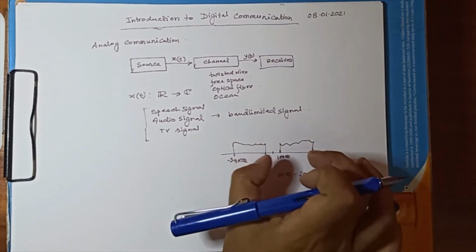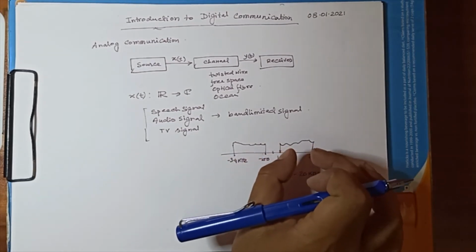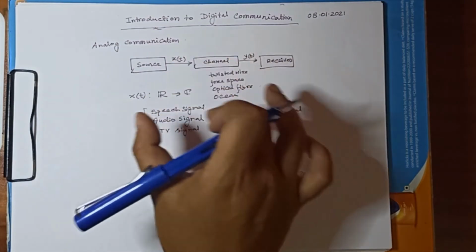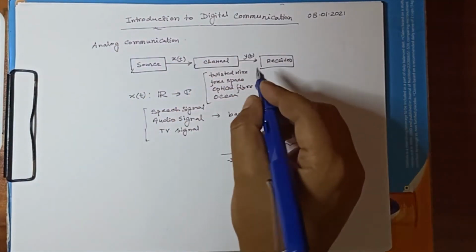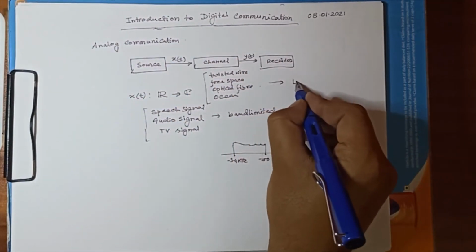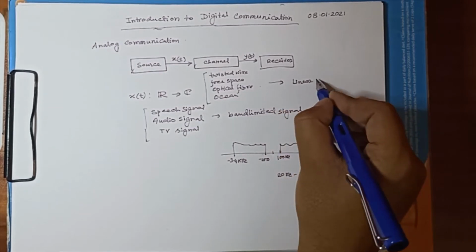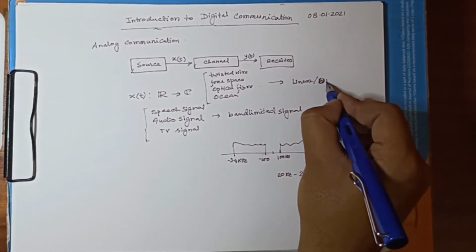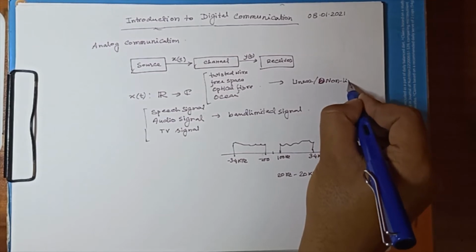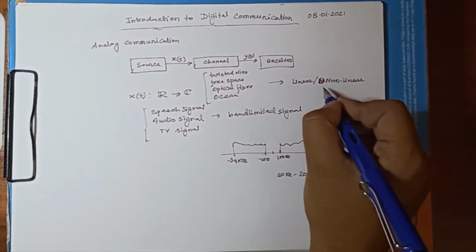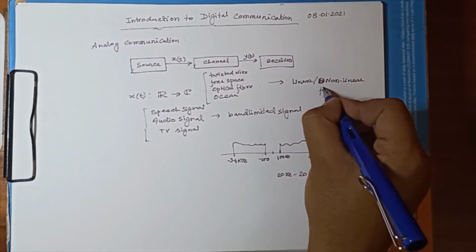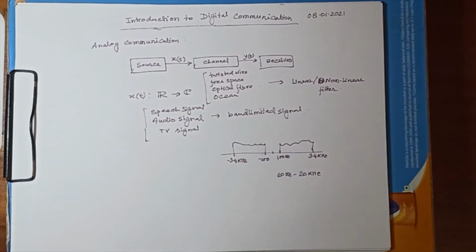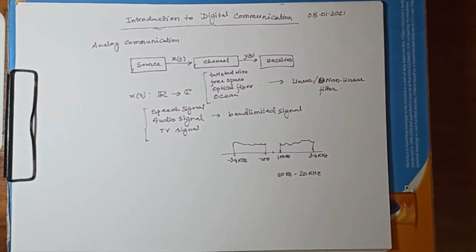This kind of spectrum, which is the source spectrum, is sent through some real channel, and channels have some kind of linear or non-linear behavior. Some kind of filter, they will have a particular amplitude and phase representation, and they will transform the input amplitude and phase in a particular way.